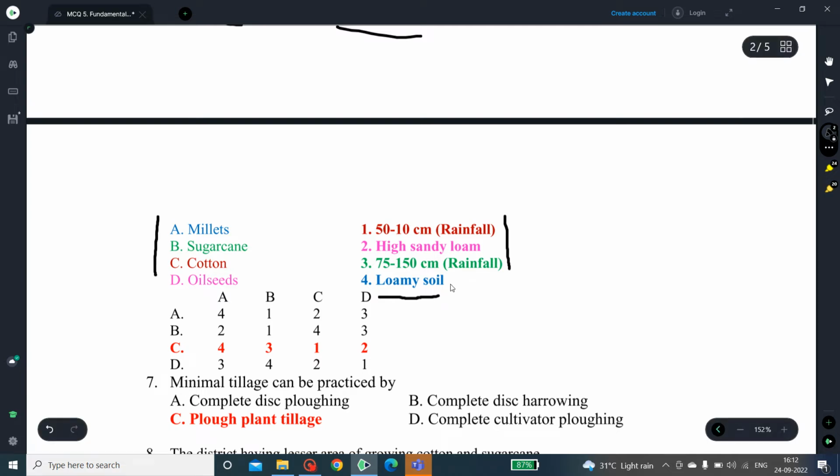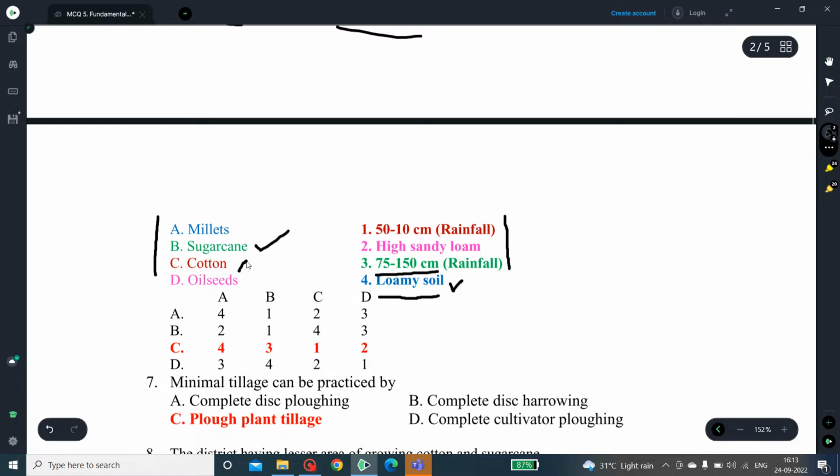That is the correct option. And sugarcane needs 75 to 150 centimeter rainfall, or 750 to 1500 mm rainfall.